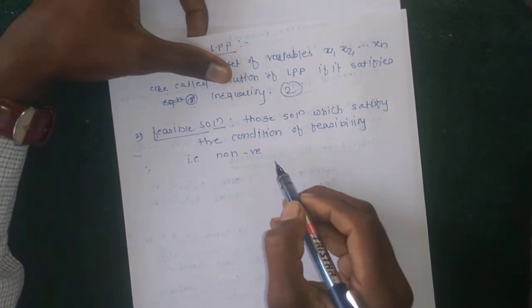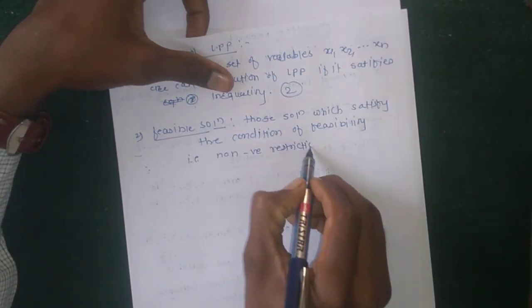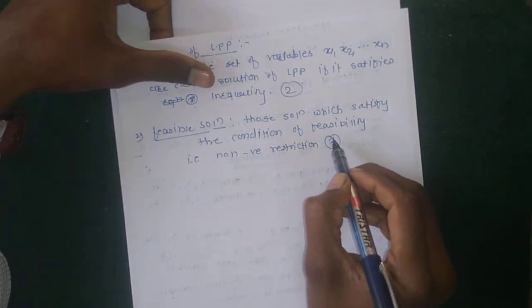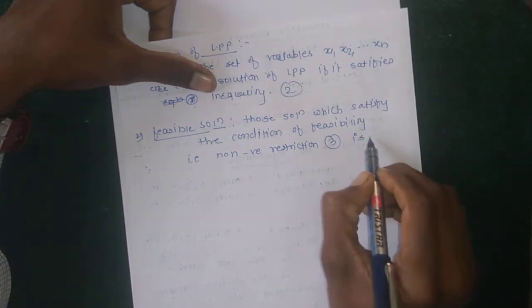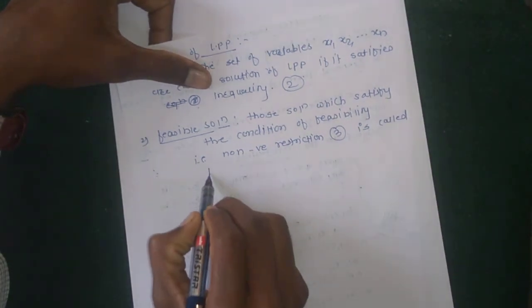If we satisfy non-negativity restriction 3, it is called a feasible solution.